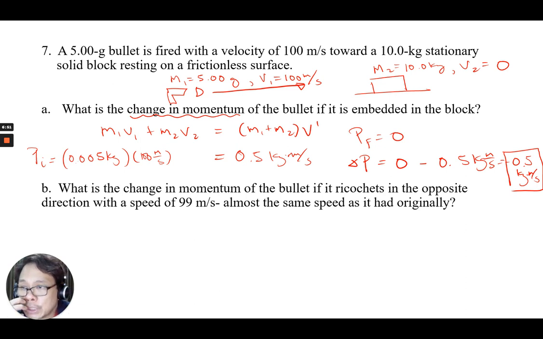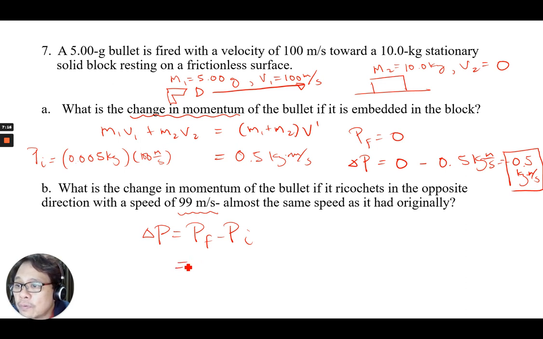Letter B, what is the change in momentum of the bullet if it ricochets in the opposite direction with a speed of 99 meters per second, almost the same speed as it had originally? So delta P is equal to P final minus P initial.